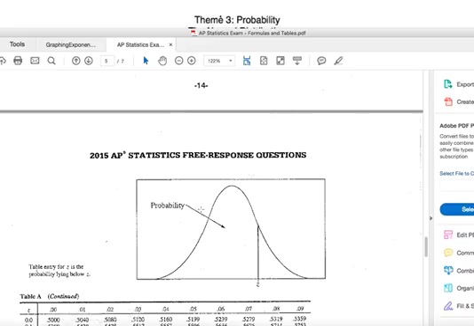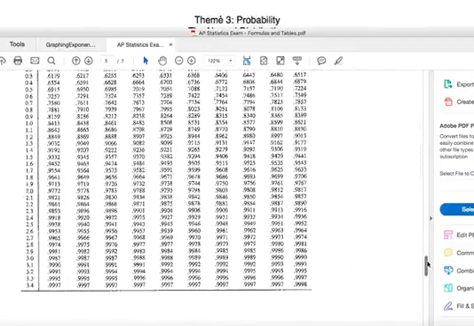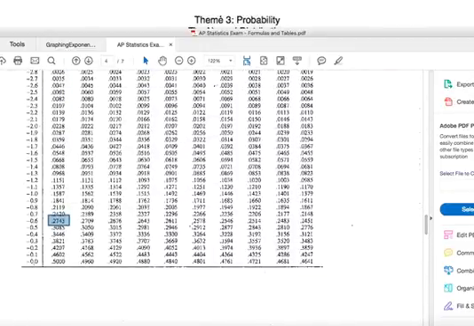Let's go back. Oh, these are better. Okay. So looking down here, it looks like that might be the best one. So that would be negative 0.58.